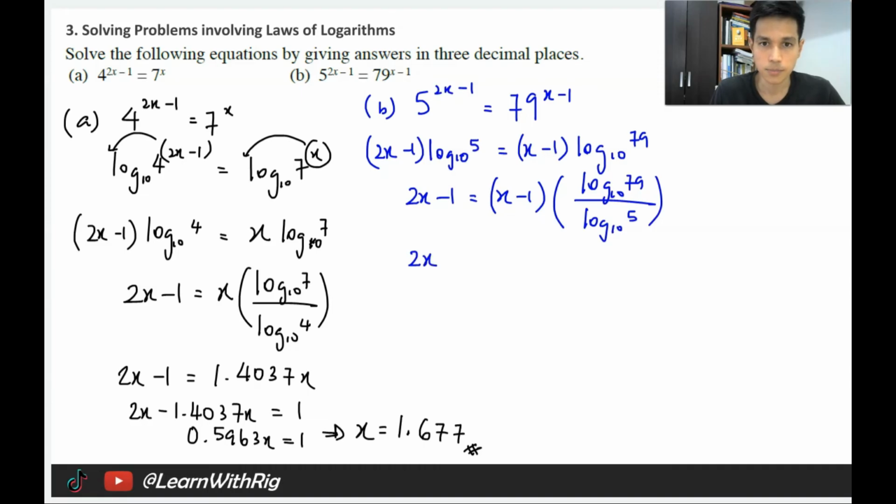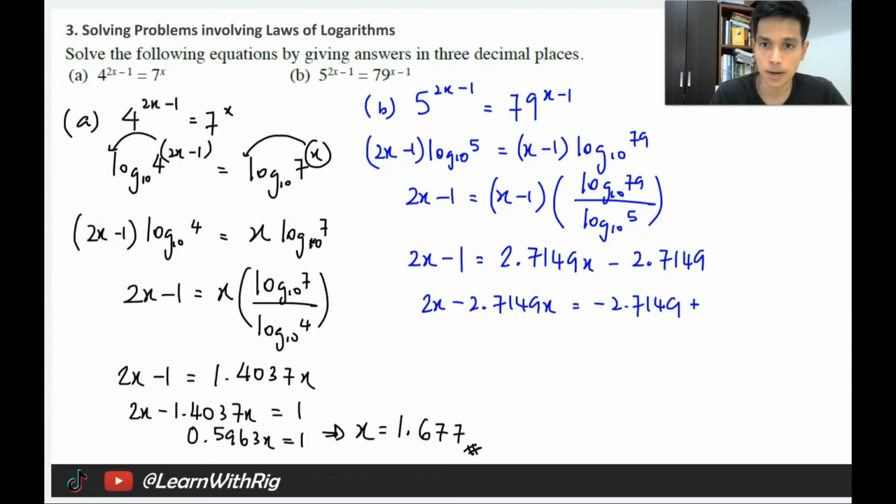Okay, so here remains 2x minus 1 equals, when you divide, you should get 2.7149. So I'm going to expand it, so you get 2.7149x minus 2.7149. Okay, so I'm going to rearrange this. You should get 2x minus 2.7149x equals negative 2.7149 plus 1.